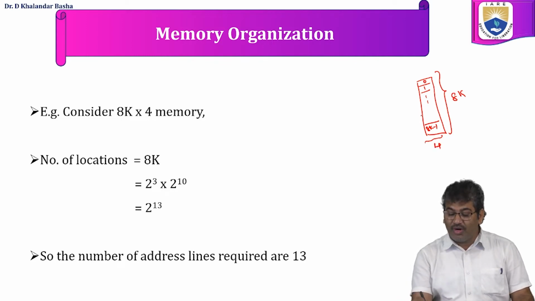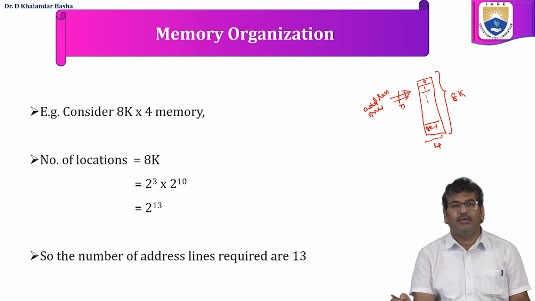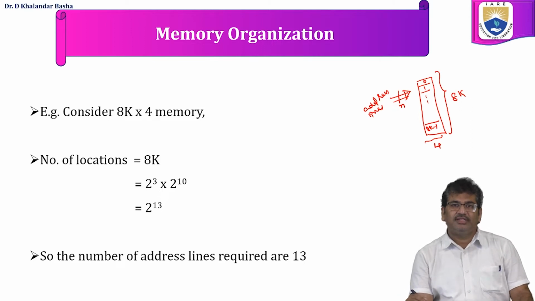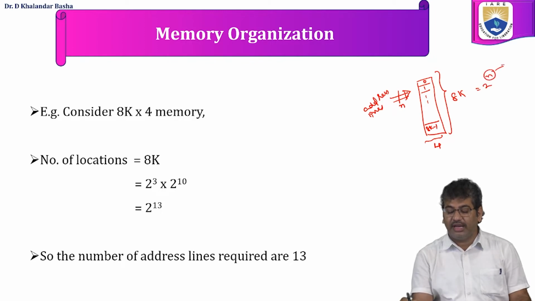For accessing one of the memory locations, we require address lines, which are n in number. So for finding out the number of address lines, we represent the 8K as 2 to the power of n, and that n will specify the address lines required to access any memory location for read or write.